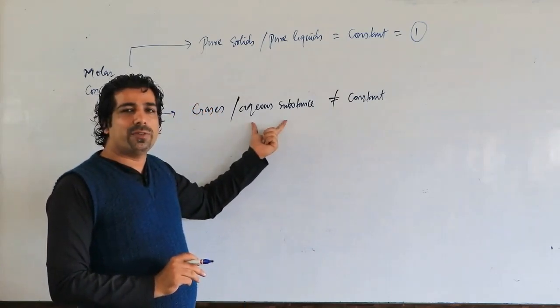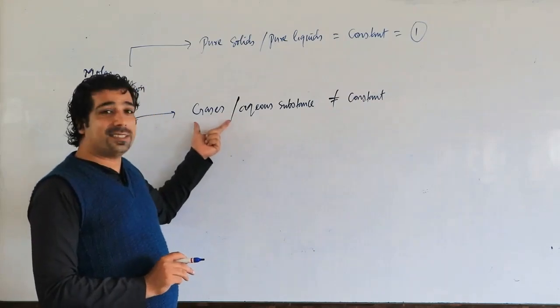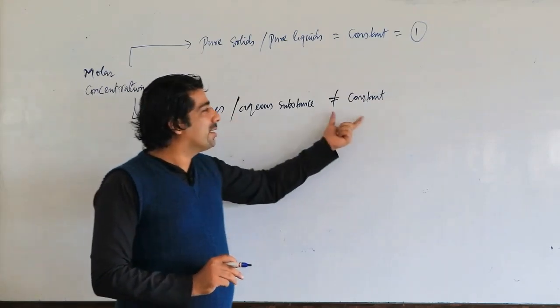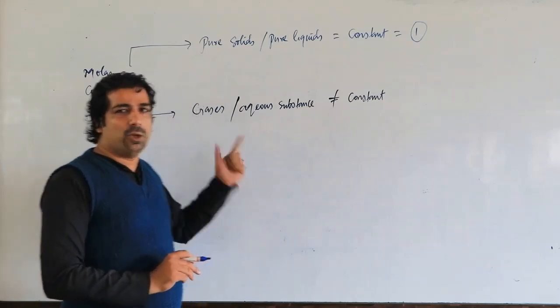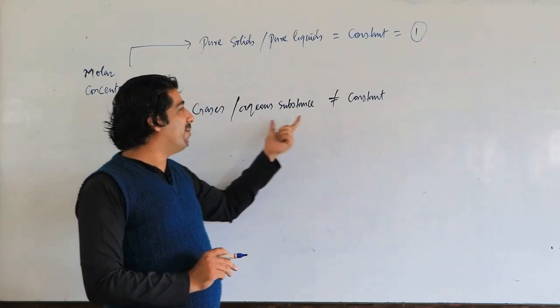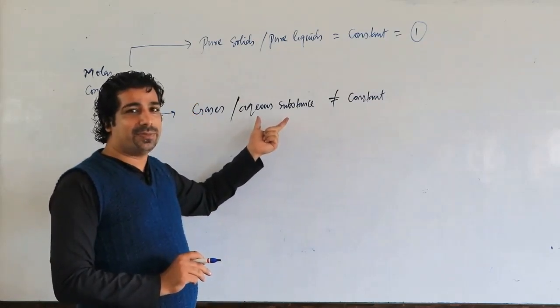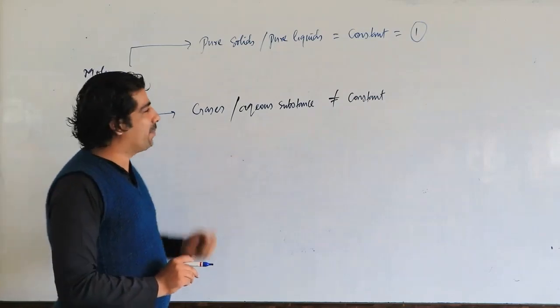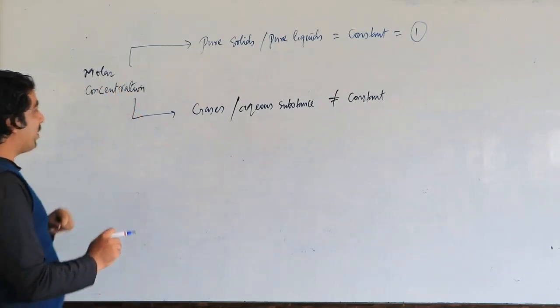The volume of the solution will be constant. In gases, the volume of the container will be constant, my dear friends. So it is not constant actually. Volumes are constant, but the number of moles are changing, my dear friends. Here the number of solute particles will change. And here the number of gaseous molecules will change. So this is not constant, please remember this thing.